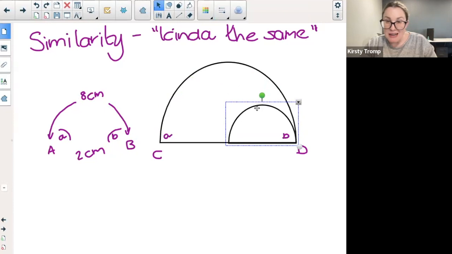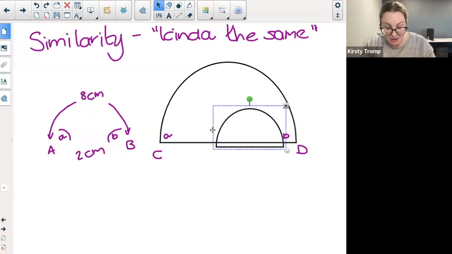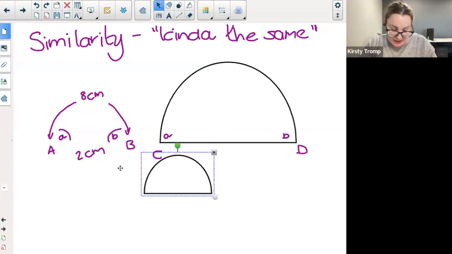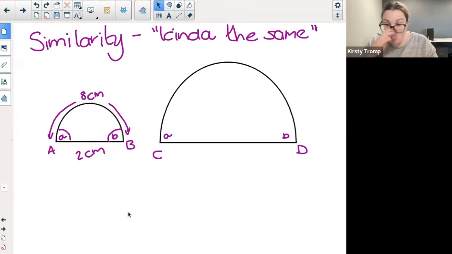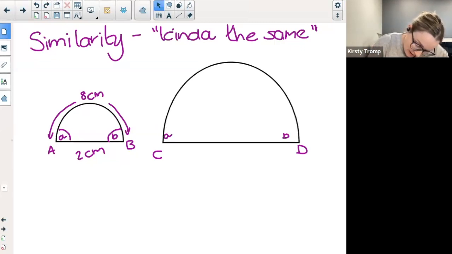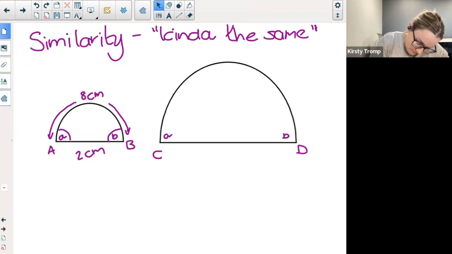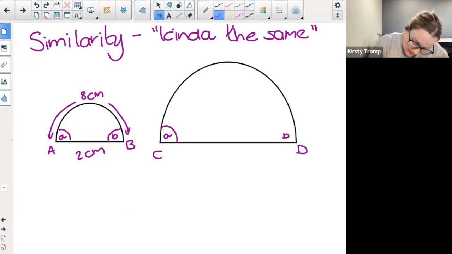So in other words, the size of the angles has not changed. I'm going to put them on here for you again. What we call the corresponding angle, so how the shape fits in, will mean that angle A and angle B are the exact same size.